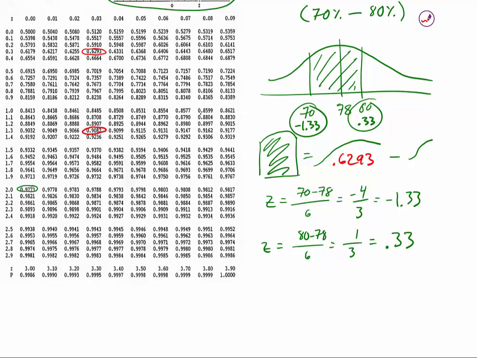But we see that we don't have a negative. We have to deal with that positive. So at 1.33, we get 0.9087. Now, how is this going to help us find what we want, which is a small area?